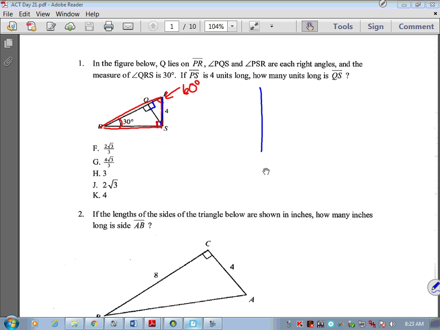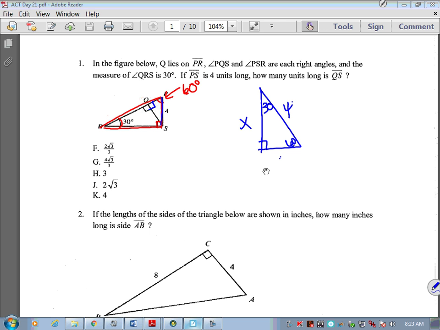And we know that this length right here is 4, which is opposite the 90. So if I take that triangle just by itself, where this is 4 and I'm looking for QS, which is this guy right here, and I know that this is 60, I know that this is 30. The next easiest thing to find is that right there, correct? What is that going to be? Nope.